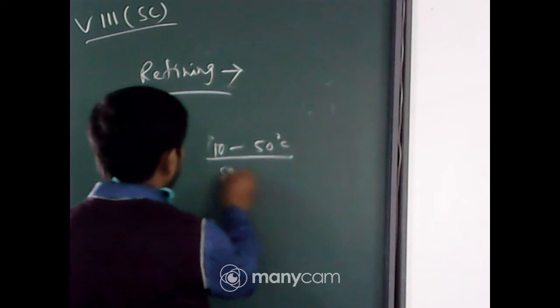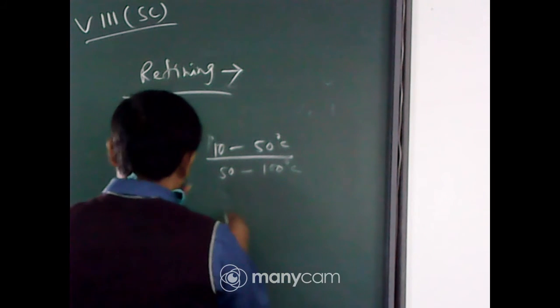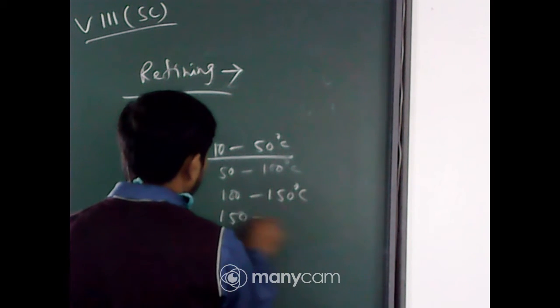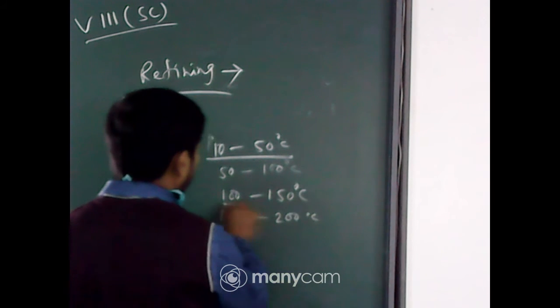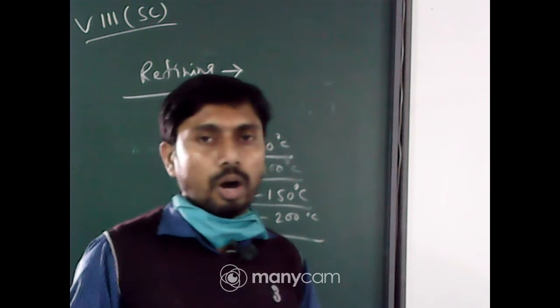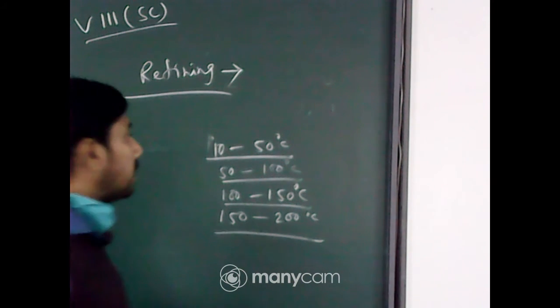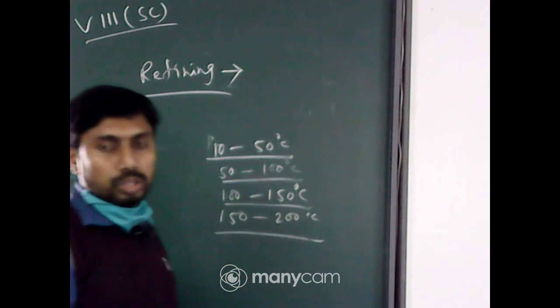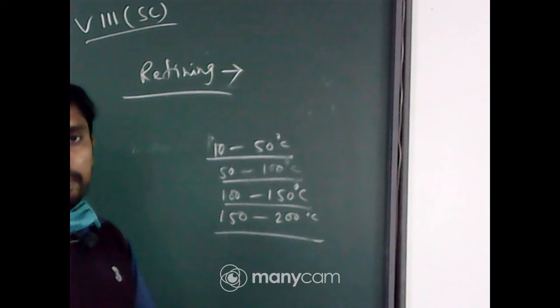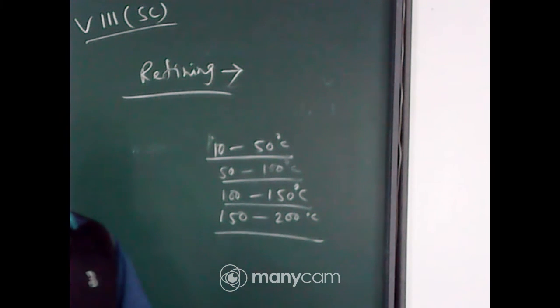Then 50 to 100 degrees, then 100 to 150 degrees, in that way 150 to 200 degrees. So at different temperature ranges, the substances which evaporate from the crude oil are collected separately, and these have definite names. We know the petrol, the diesel, the kerosene, the naphtha, and many more products, paraffin wax. So these are the importance of refining petroleum.